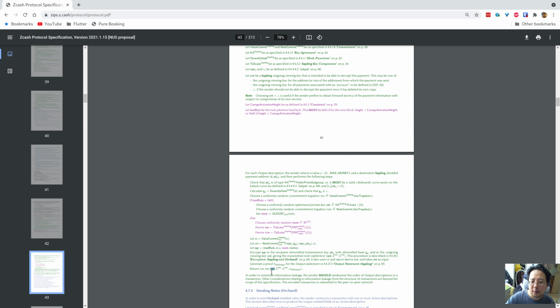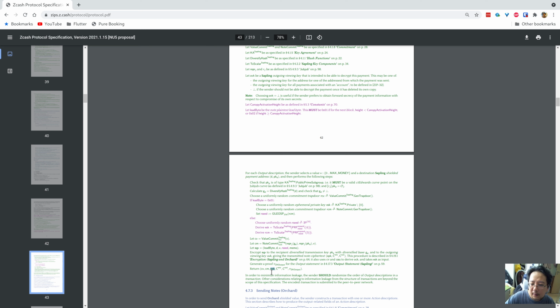In the output description. Now the only thing is that if you have a wallet that only scans for this kind of stuff, you will only be able to detect the money that you receive, the notes that are incoming to your wallet, and you would not, of course, be able to see whether you have spent anything. So this is actually the problem of the Zondax hardware wallet.